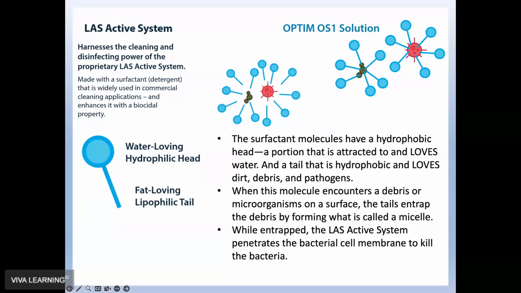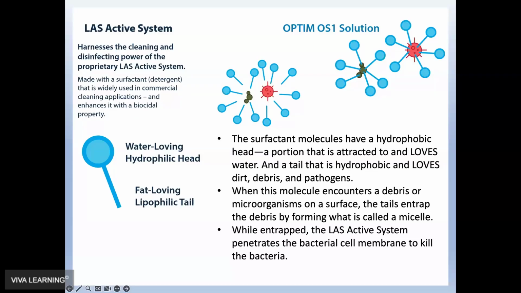So here we are on this LAS active system, and you've got a very large molecule with two ends. One end is water-loving, hydrophilic, and the other end is fat-loving, or lipophilic. The surfactant molecule has both portions: the head is attracted to water, and the tail loves dirt, debris, and any type of pathogens.